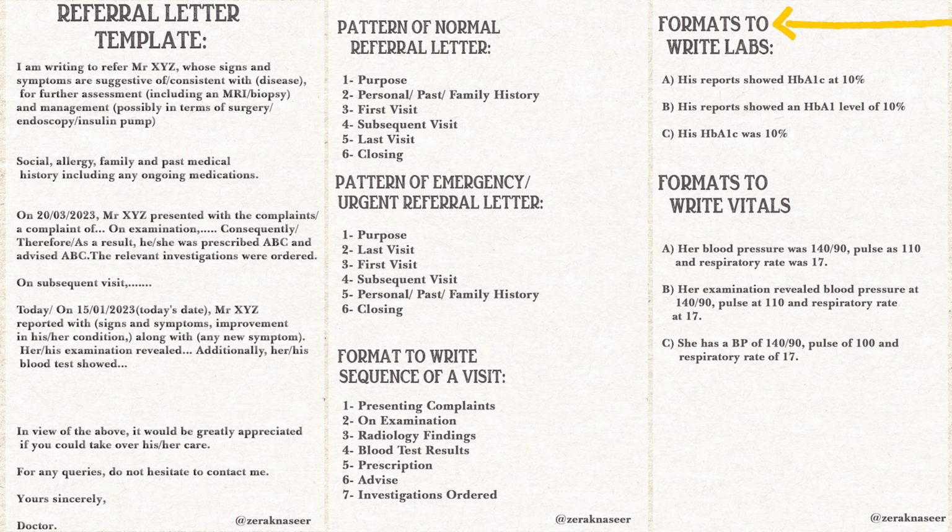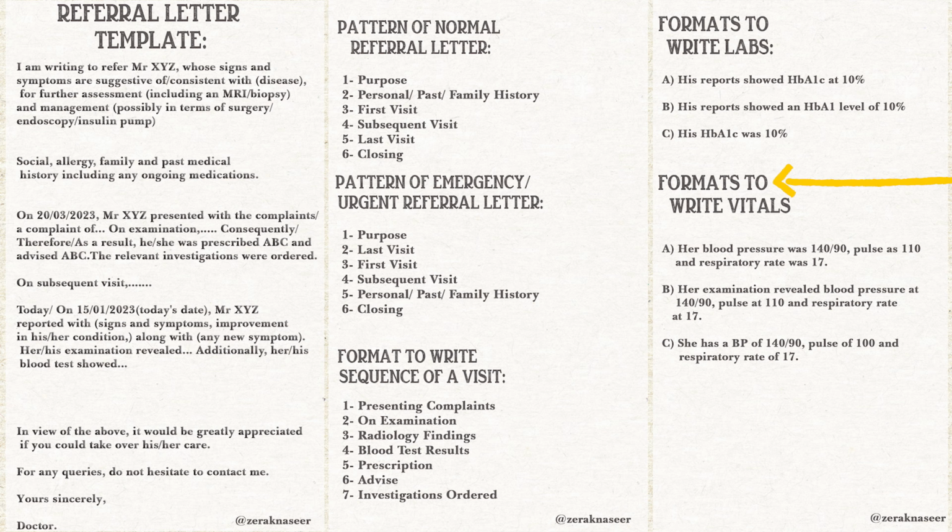Then there are some formats that you need to keep in mind while you are writing about the labs or the vitals, like: his report showed HbA1c at 10%, or his report showed HbA1c level of 10%, or his HbA1c was 10%. In the same way you can write about the vitals as: her blood pressure was 140/90, pulse was 110 and respiratory rate was 17.